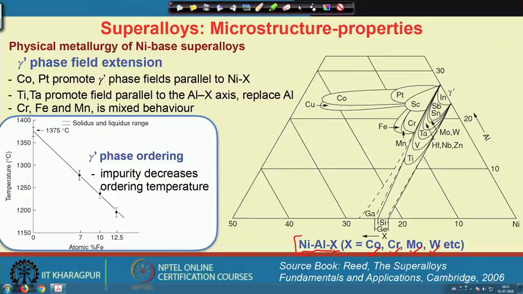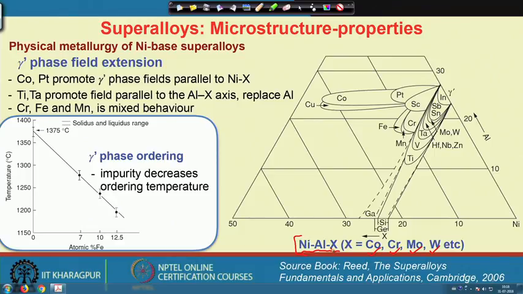One can always ask, if we add a ternary element to a system, whether it will go into the solid solution, or go to the precipitate, or form some other phase, what will determine this? We can have a look at the ternary phase diagram, which will be very useful to see the individual role of these elements.